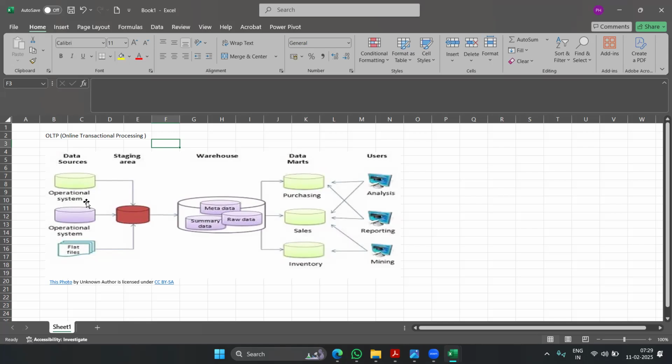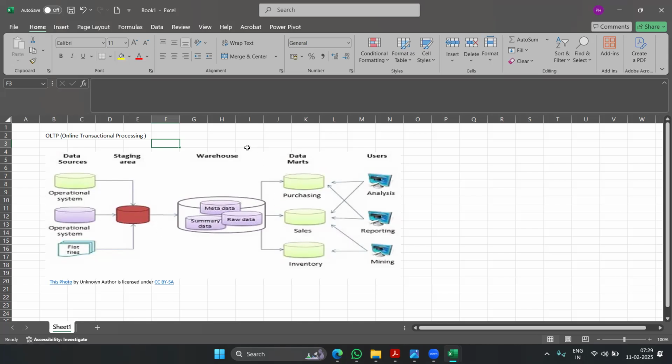Since these two things are happening in parallel, the performance of the system has badly degraded. Now, some great engineers, or we can say scientists, came across and said, okay, boss, let us not do both operations on the same system, right?